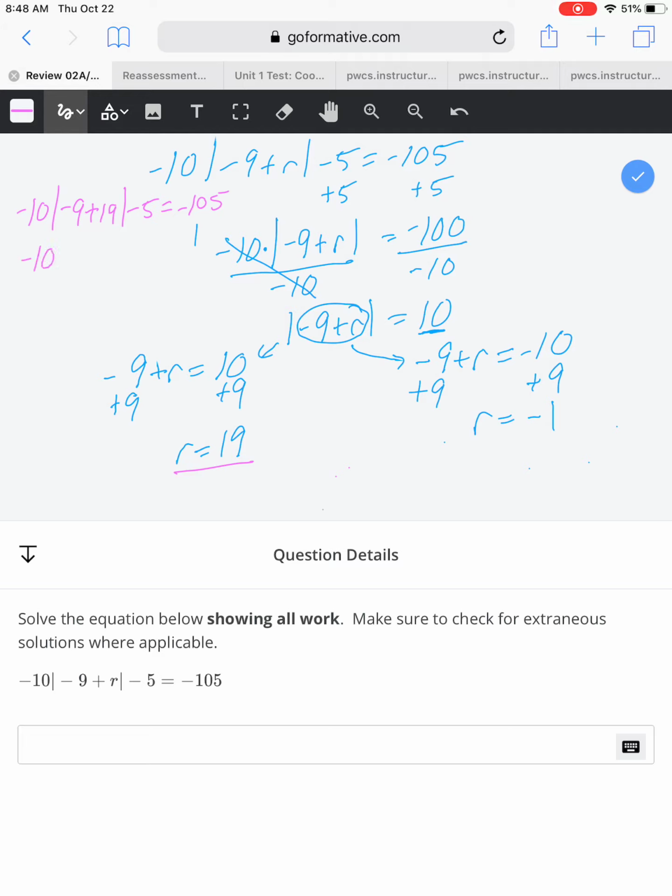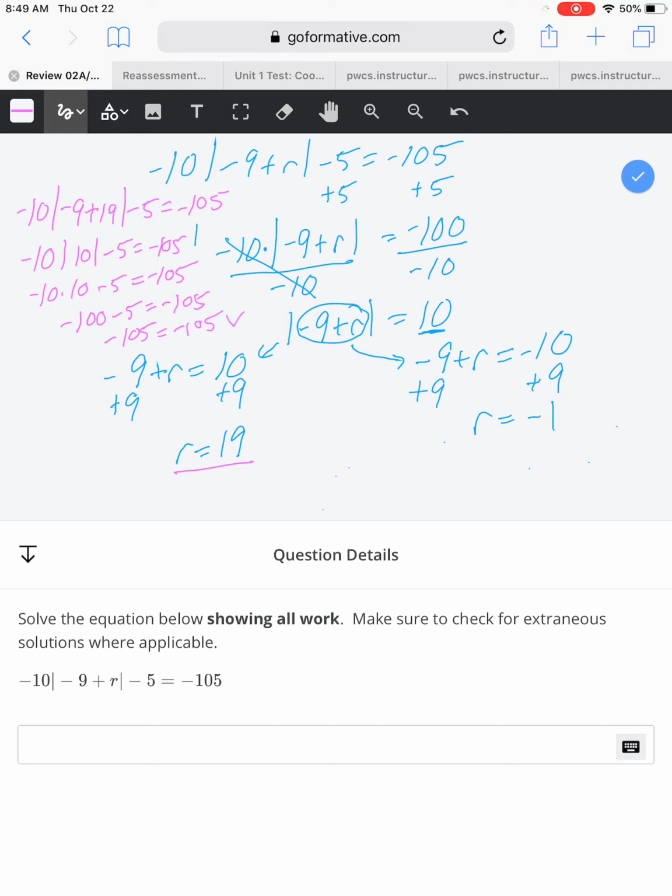So negative 10 times, and then this is going to be 10, minus 5 equals negative 105. Negative 10 times 10 minus 5 is equal to negative 105. Negative 100 minus 5 equals negative 105. Negative 105 equals negative 105.